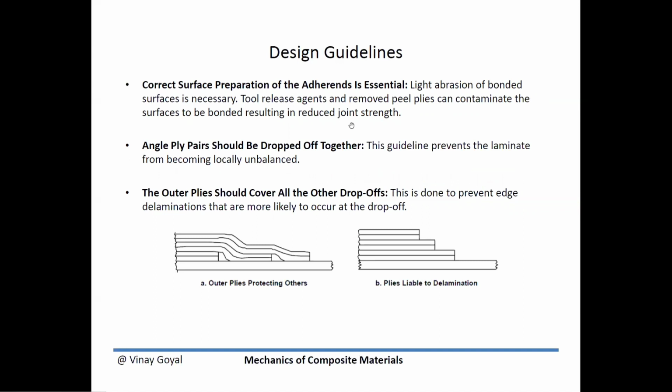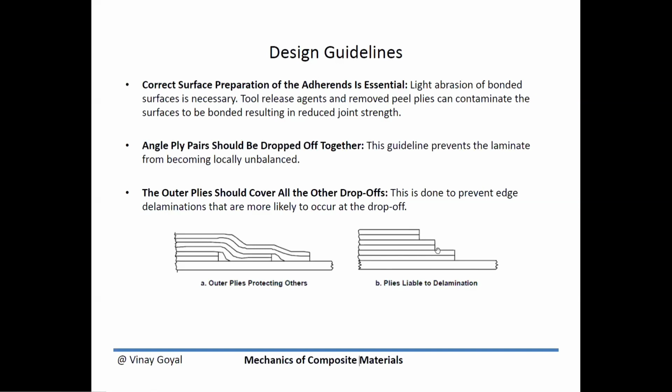These are ply drop-offs that I was talking about. Having these ply drop-offs can be very beneficial, but you also want to make sure that the drop-off length, so this length here, is about 10 to 15 times the thickness. This is not a very good ply stacking sequence in terms of ply drop-off, because it's fairly thick and the length and the thickness are in the same order.